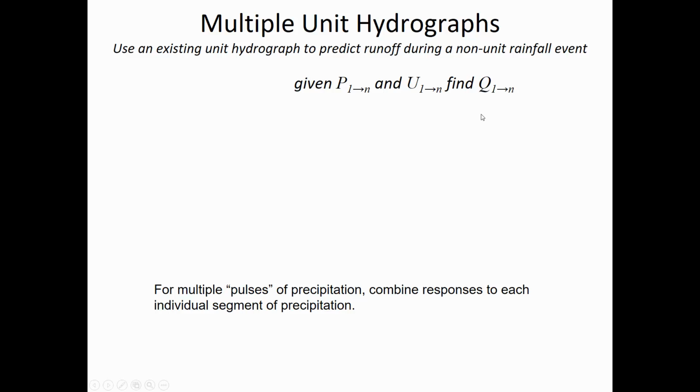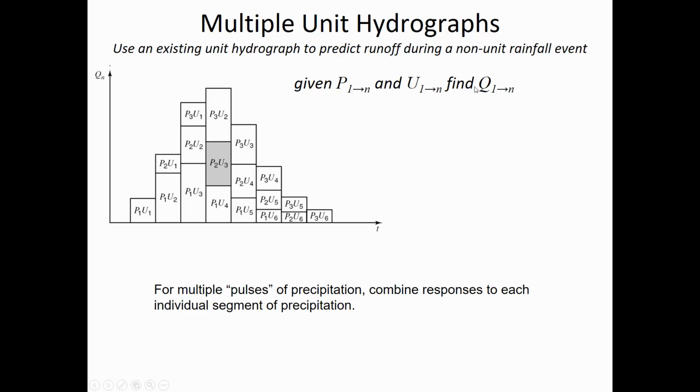So let's say that you are using a unit hydrograph and you're going to predict the runoff during a rainfall event that's any amount other than a unit of rain. So instead of an inch of rainfall excess, it's 1.5 inches. Then what you do is you're given the precipitation amount, and you're also given the unit hydrograph, and what you want to know is what is the runoff for some other storm.